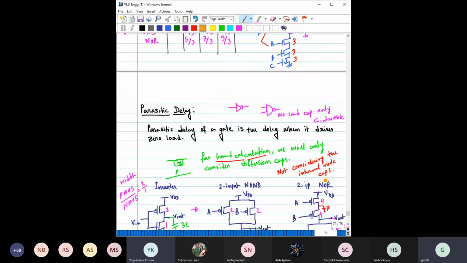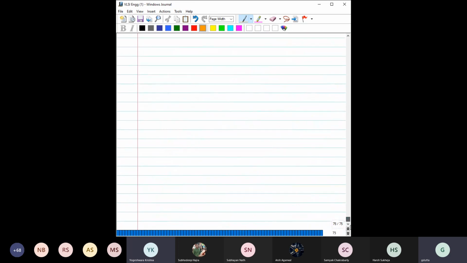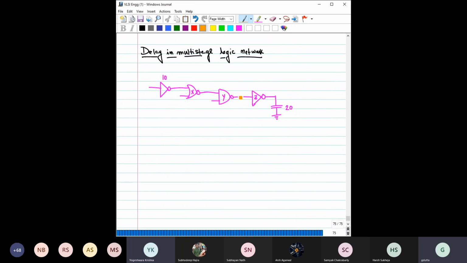So first we will discuss tomorrow, start with this one. Here you can see we have only one path from here to here, right? But it can also happen that maybe you have one more path here. That means you have some branching from here.